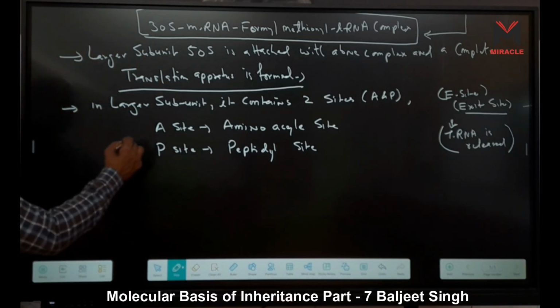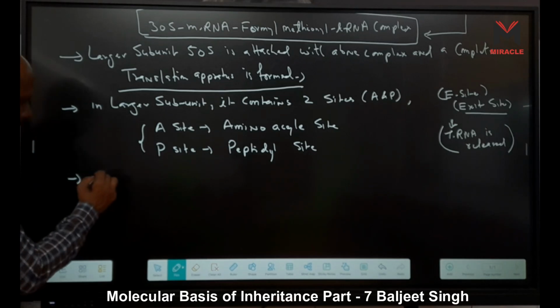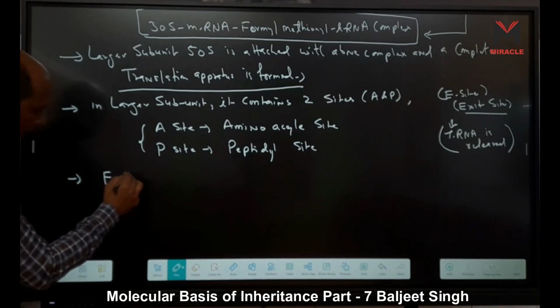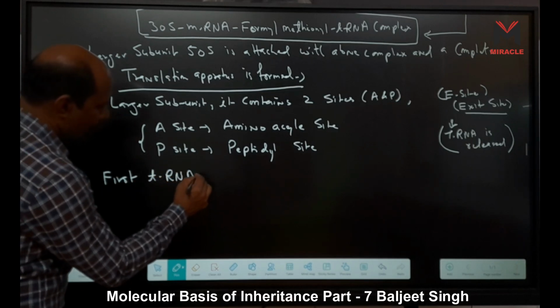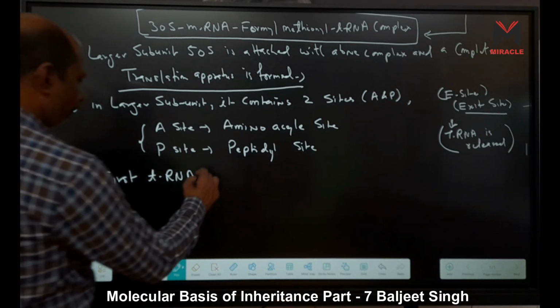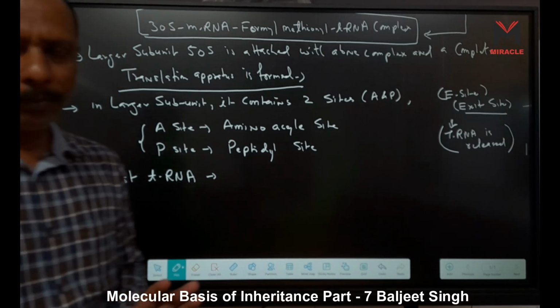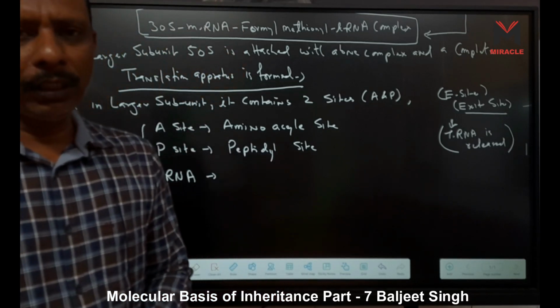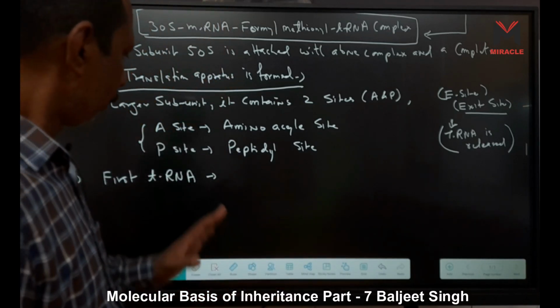So first what happens? The first transfer RNA, we know, is complementary to AUG. AUG is the genetic code responsible for the attachment of methionine, methionine only, right?